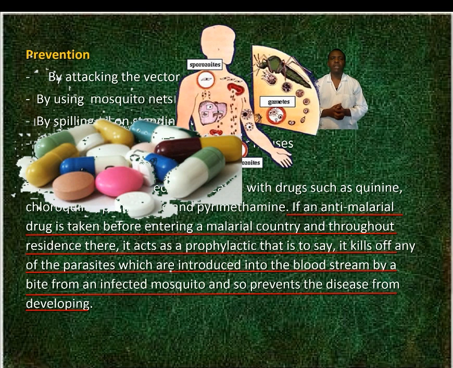If an anti-malaria drug is taken before entering a malarial country and throughout residence there, it acts as a prophylactic. That is to say, it kills any of the parasites which are introduced into the bloodstream by a bite from an infected mosquito, and so prevents the disease from developing.